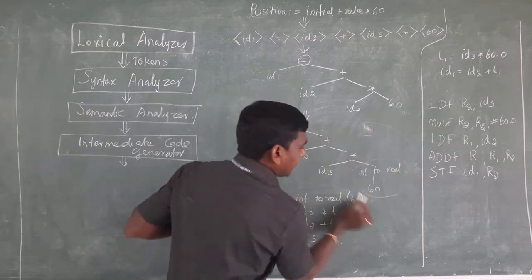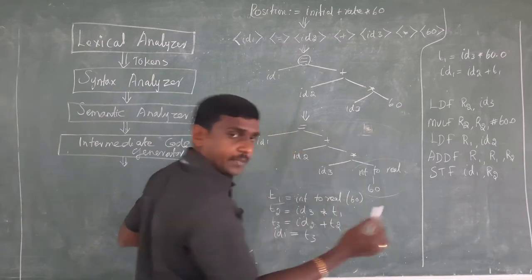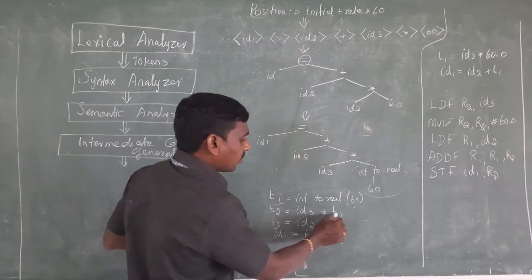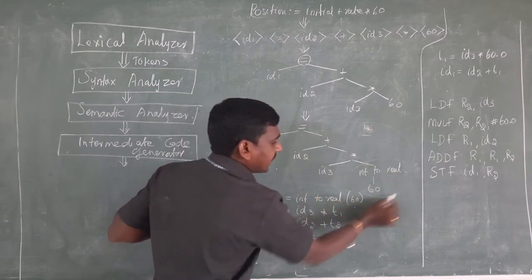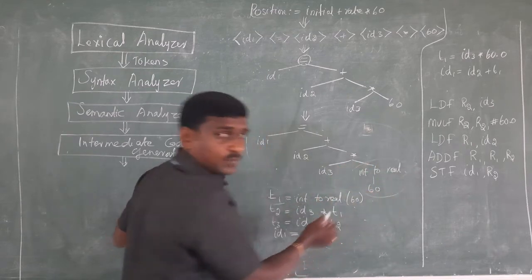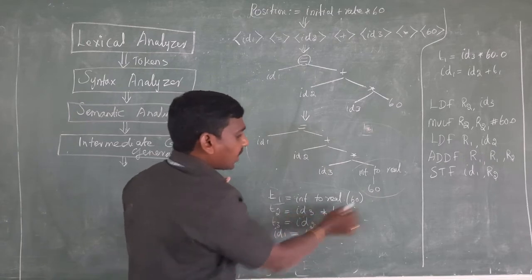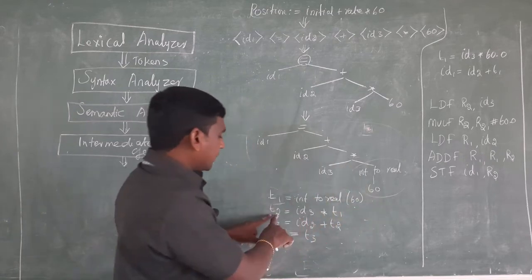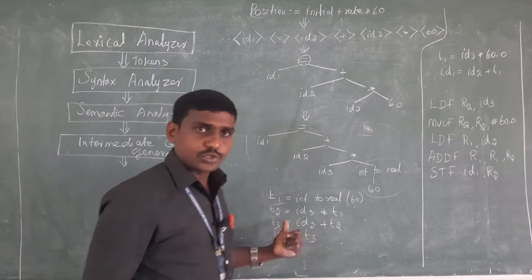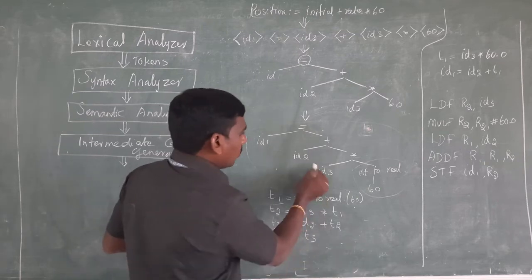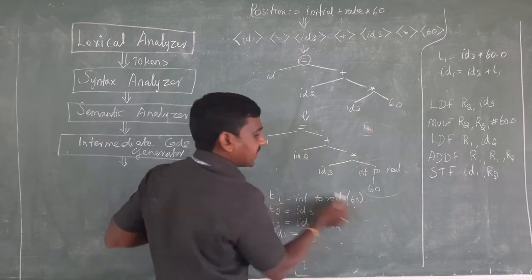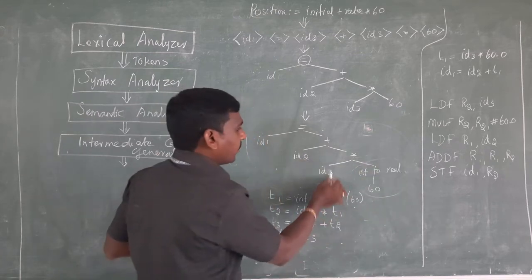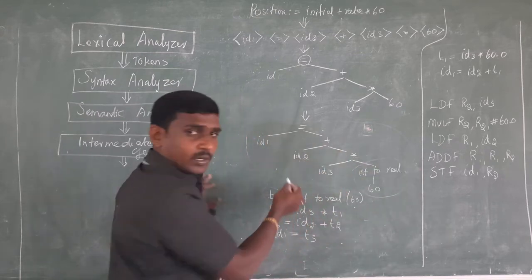So this temporary value is stored in memory. Then ID3 star T1, this answer is placed in another temporary memory, that is T2. Clear? Now the answer present in T2 is added with another one, ID2.